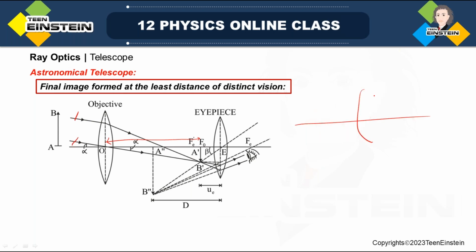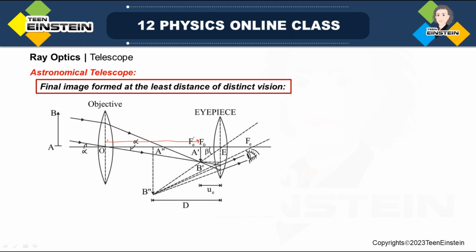If I say this is the lens, just take it as a representative image. If this is the focus, so the plane passing through this will be the focal plane, okay? As we said, it has a large focal length.